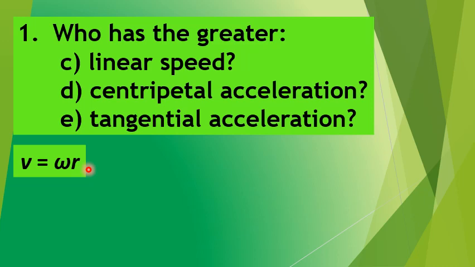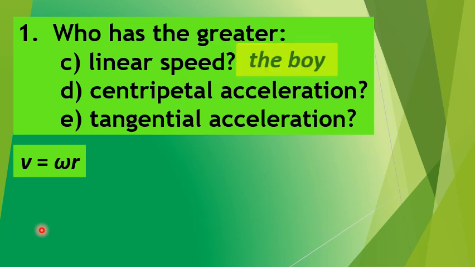Now, since the boy is at the outer edge, which has a corresponding radius or distance from the center that is greater compared to that of the girl, we say therefore that between them, the boy and the girl, it is the boy who has the greater linear speed.